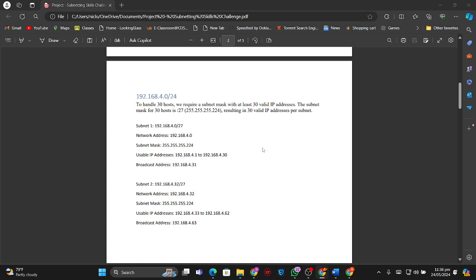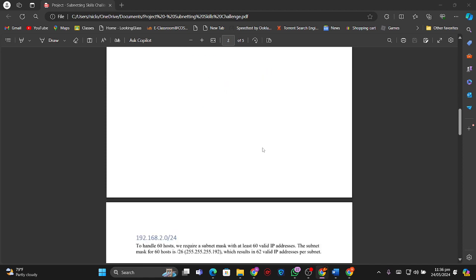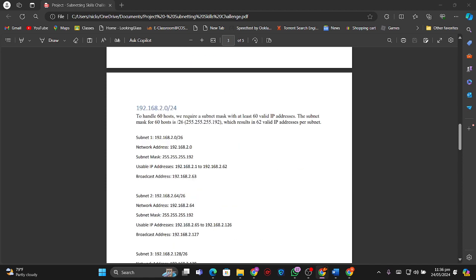Next, we have the 192.168.2.0/24 network. This time we will need four subnets, each with at least 60 hosts.